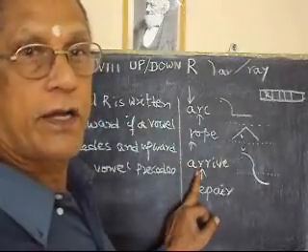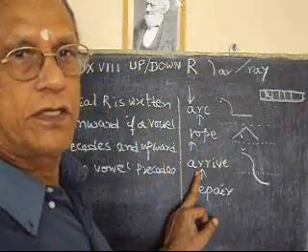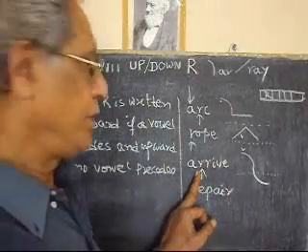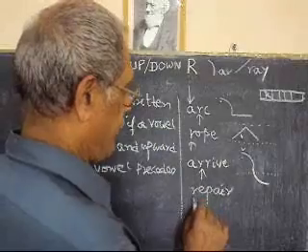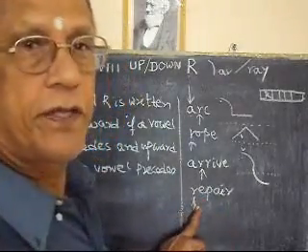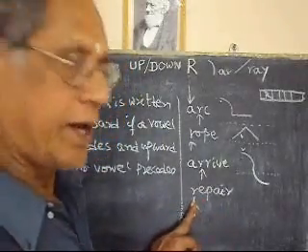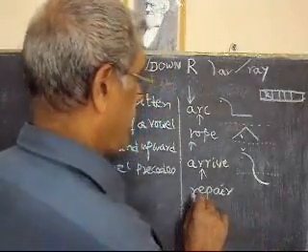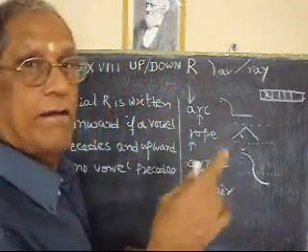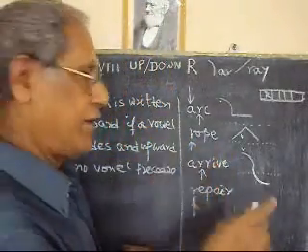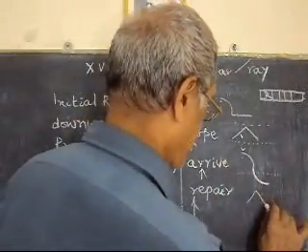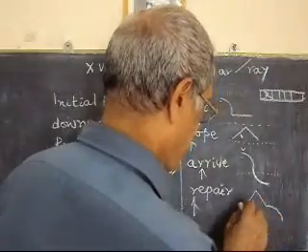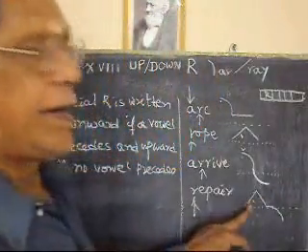Therefore, this initial R, first consonant R, should be written downward. So it is written downward. Now repair. In this word, the first consonant is R. Before that there is no vowel. Therefore, it can be written upward. Repair.